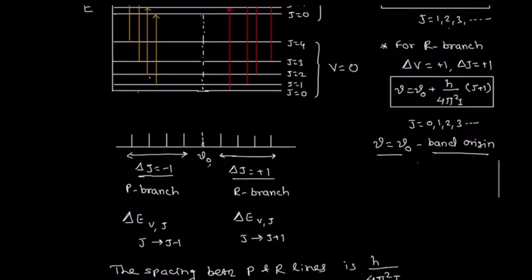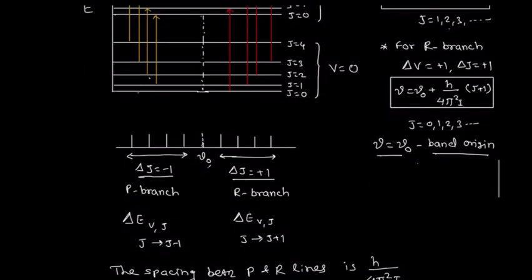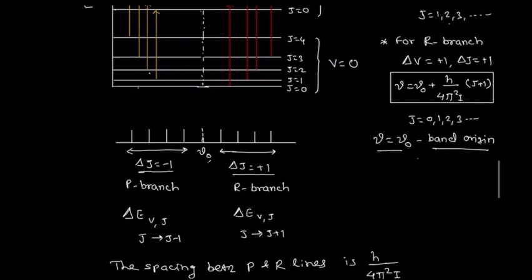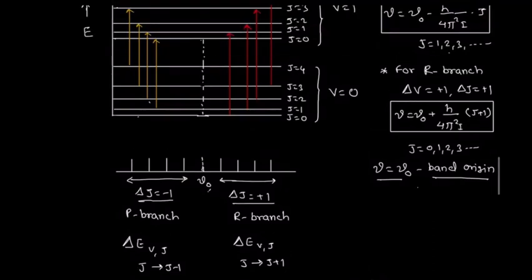Equispaced lines we get here. The spacing between P and R lines is constant, and that constant is h divided by 4 pi square I. And the forbidden spectral line which we get at nu equal to nu 0, that we call the band origin.